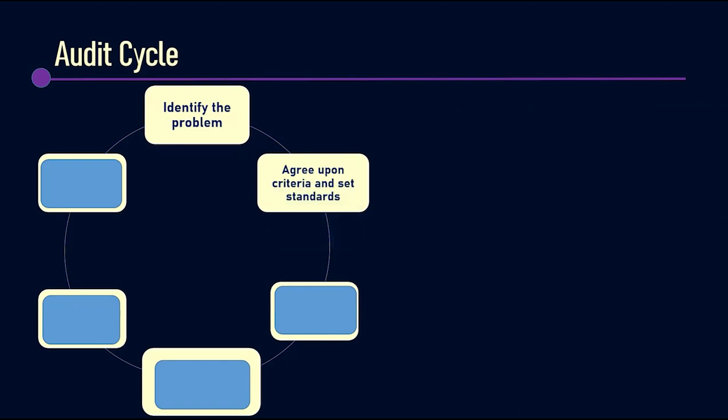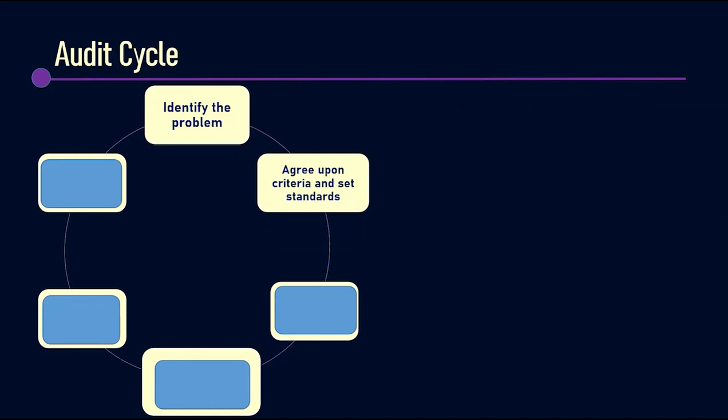Next, we need to agree upon the criteria and set standards. So we need to review the literature and find out what is the accepted infection rate after surgery. For example, if it is a clean surgery, then the accepted infection rate should be below 2%.